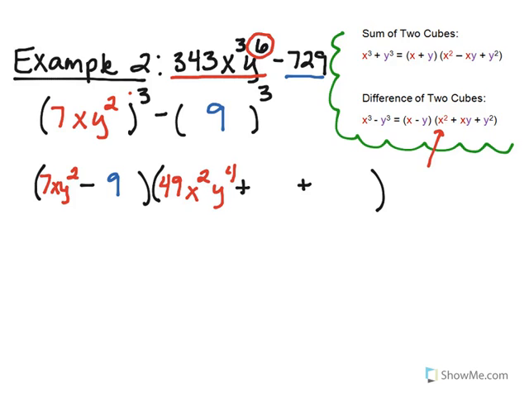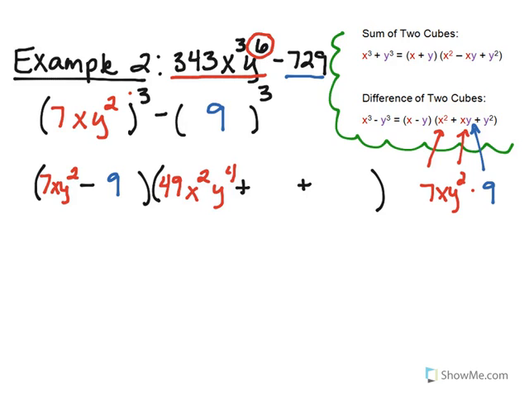So now I have to do the x times y part here, which is, there's the x, there's the y. Let's multiply them together. So that's going to be 7xy squared times 9. So 7 times 9 is 63.